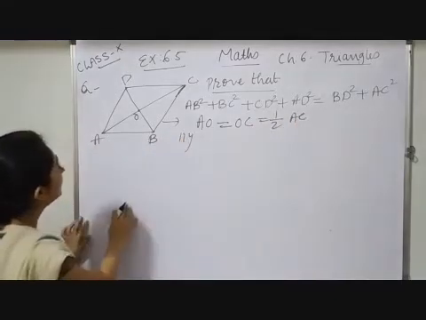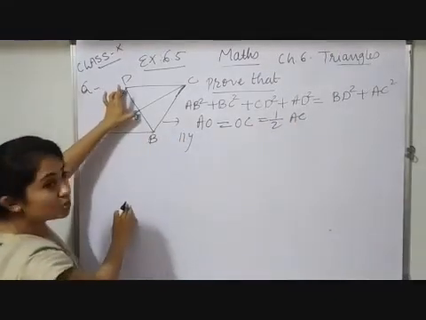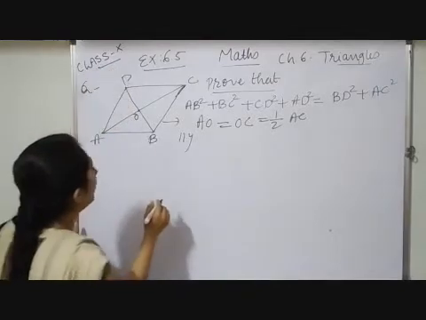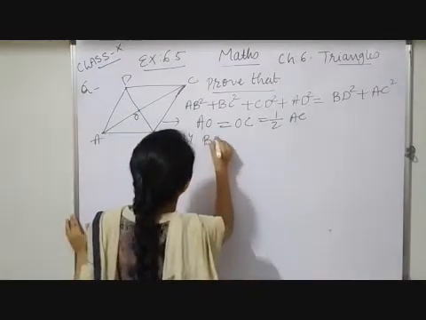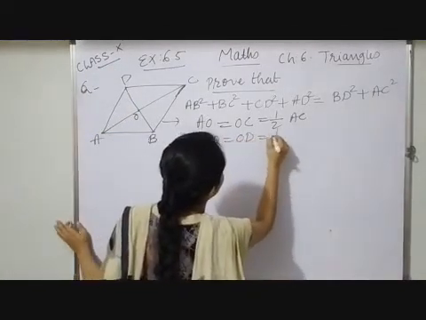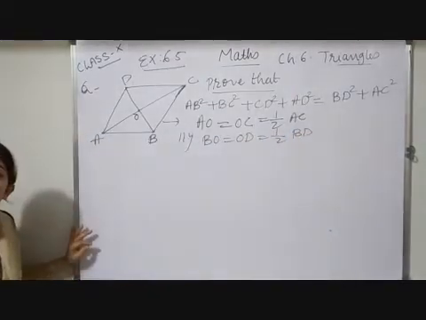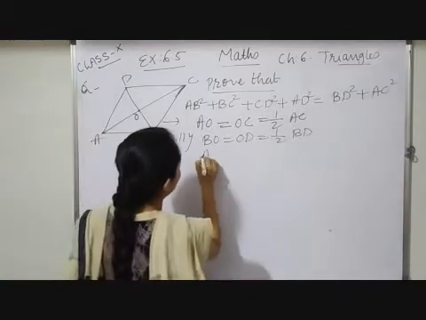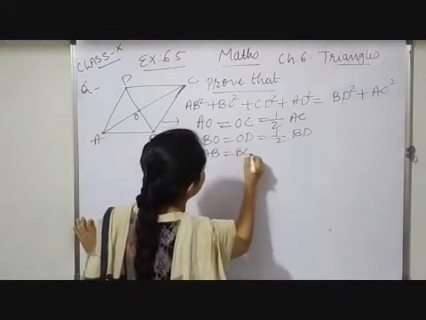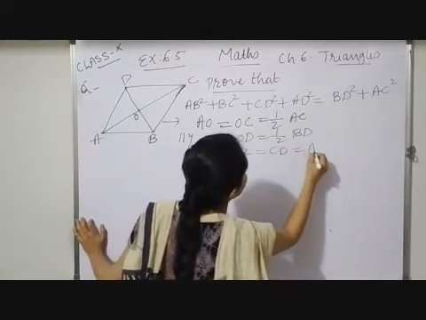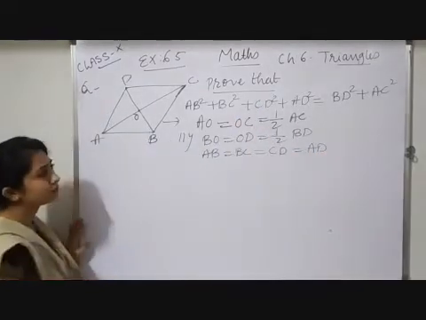Similarly, BO equals OD, which equals half BD. And one more thing, in a rhombus all sides are equal. So AB equals BC equals CD equals AD.